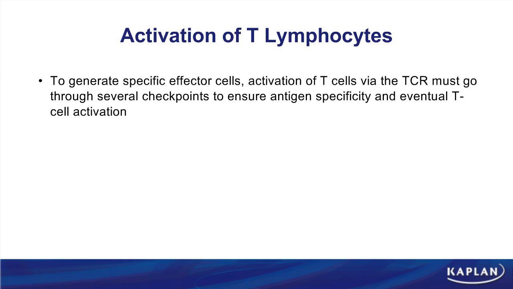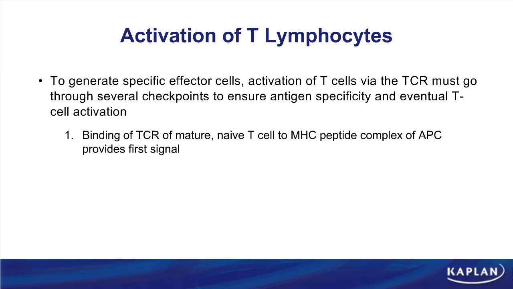Now, what is it that the T cell is looking for? Well, the T cell is going to require several signals in order to become activated. At the minimum, the T cell must recognize its specific peptide presented by MHC.